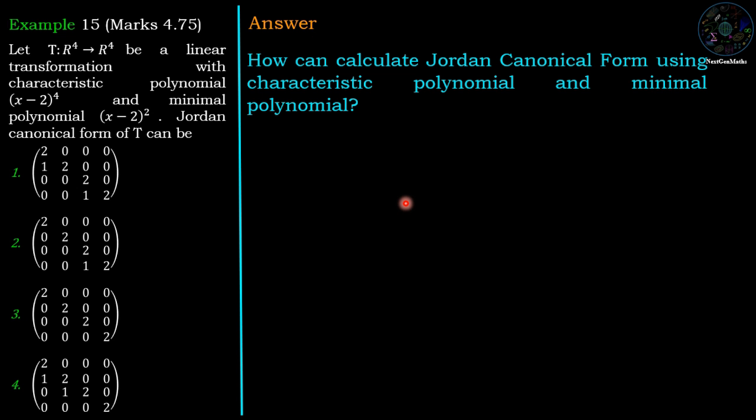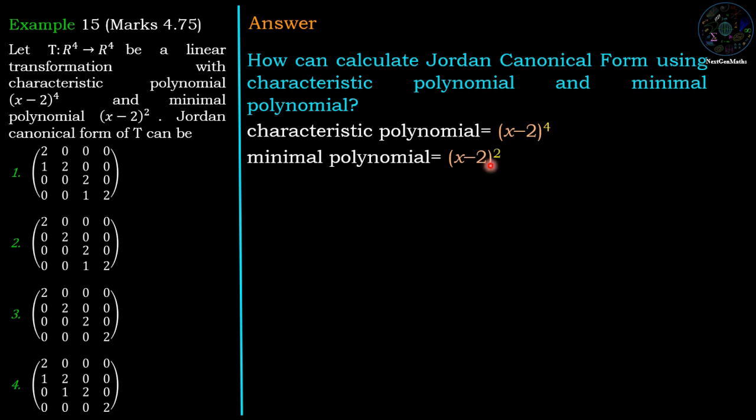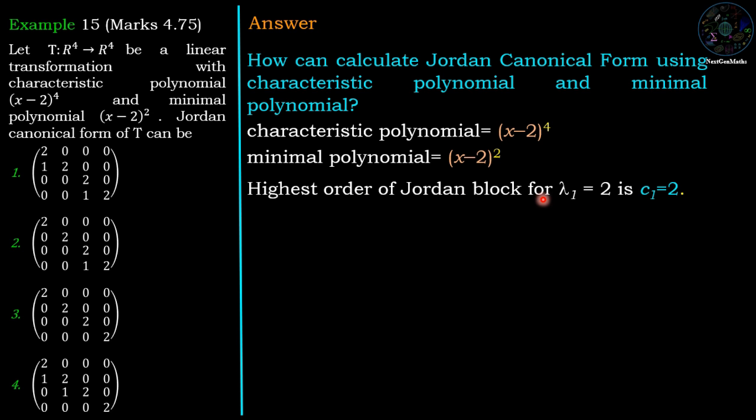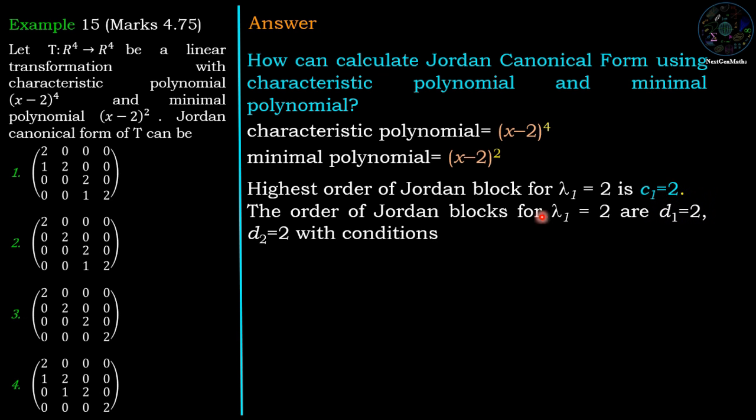Now in our example we have the characteristic polynomial (x − 2)^4 and the minimal polynomial (x − 2)^2. Here c1 = 2 and a1 = 4. So the highest order of a Jordan block for λ = 2 is c1 = 2. Then the orders of the Jordan blocks for λ = 2 should be at most 2, and the sum of the di should be 4.